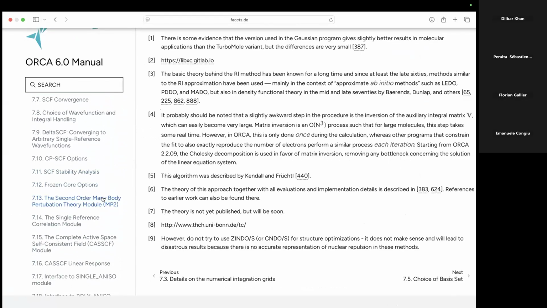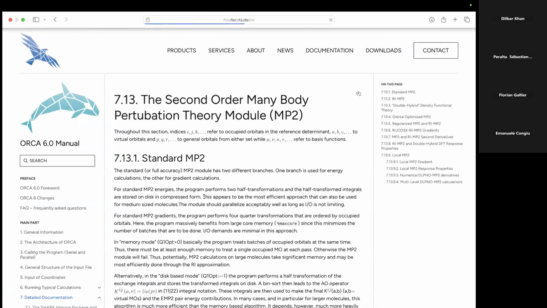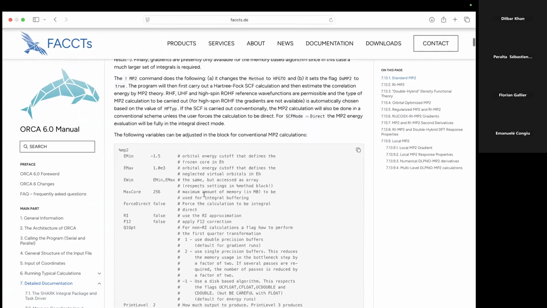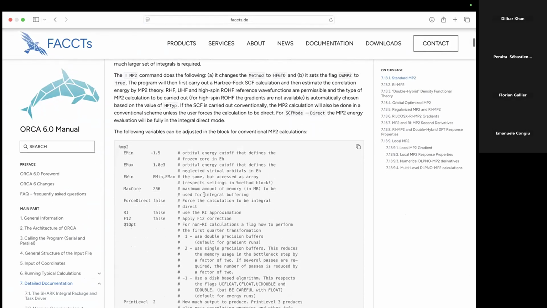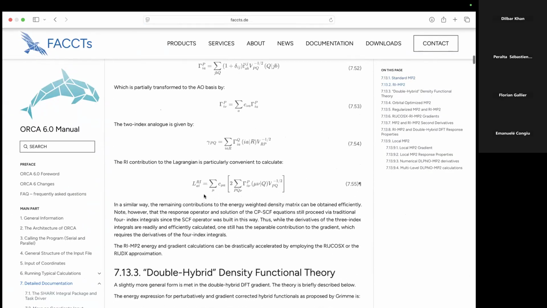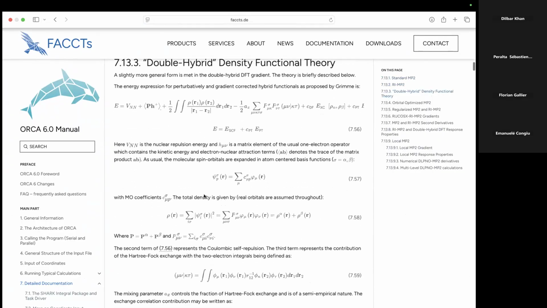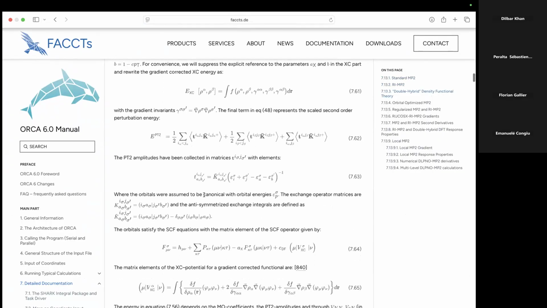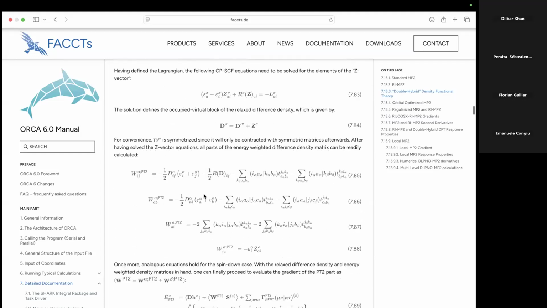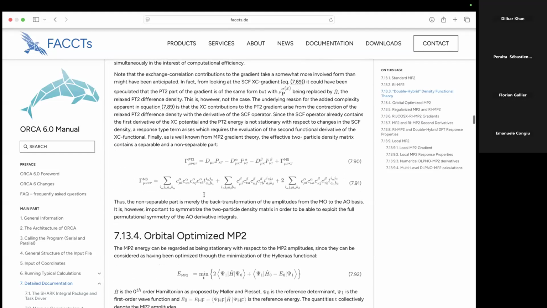There are some other ab initio methods, the MP2 method, and these methods are in principle difficult to apply for large molecular systems, but they give good accuracy in terms of energy. So if you can use it, it's good.